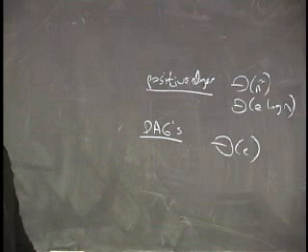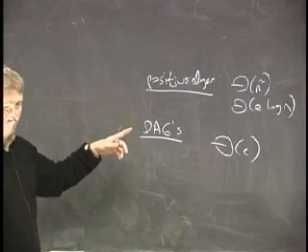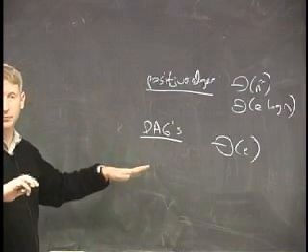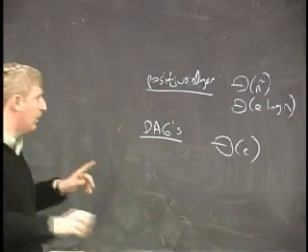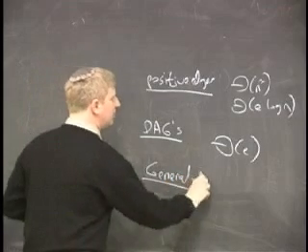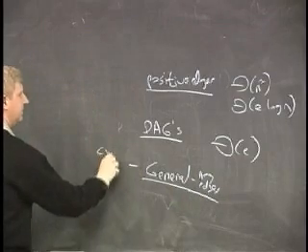Okay, questions? Next step. Let's add negative edges and put cycles back in. The only thing we can't have, so I'll write general graphs, means negative edges and cycles.